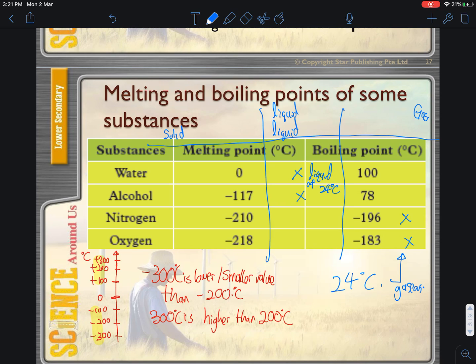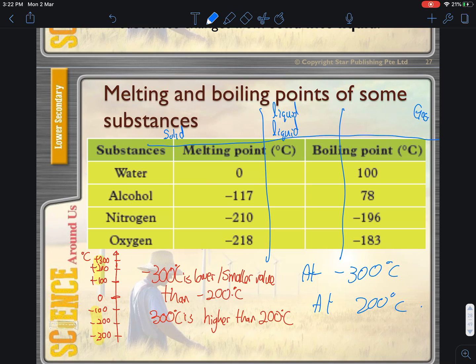Is that clear? Now you can do some practice. You can pause the video and find out what is the state of the items at maybe negative 300 degrees Celsius, or at 200 degrees Celsius.